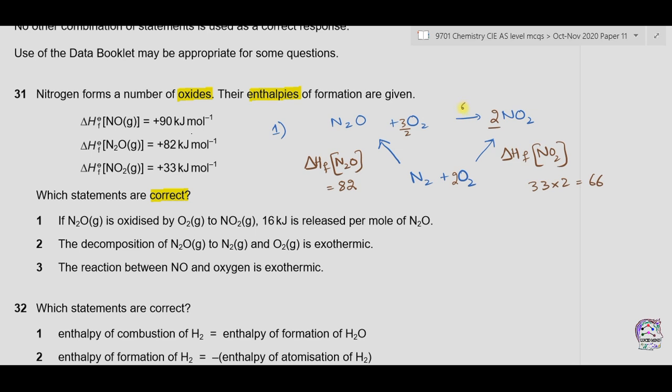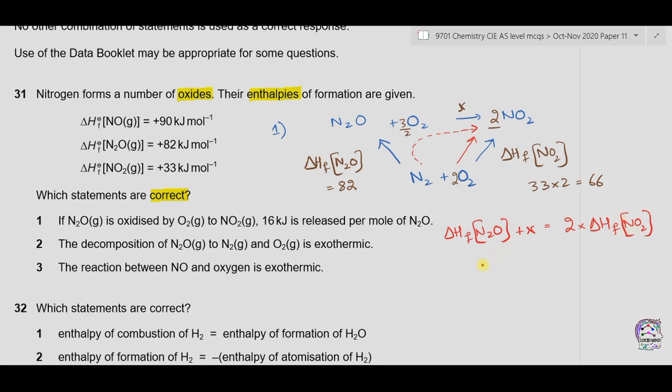Third arrow is about the oxidation of N2O, and we have to find the value of X. Applying Hess's law, we have these 2 steps that form the product and this single step that forms the same product. So we can write enthalpy of formation of N2O plus X will be equal to 2 into enthalpy of formation of NO2.